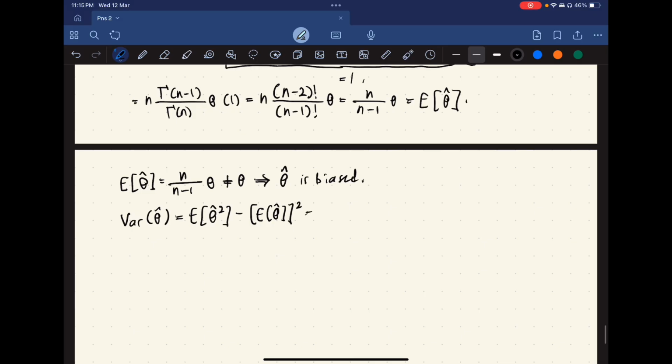I will just state it because the integral is too complicated now, which is just theta squared multiplied by n squared over (n minus 1) squared (n minus 2).